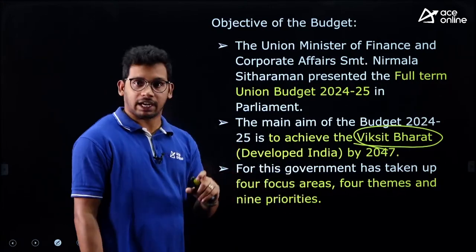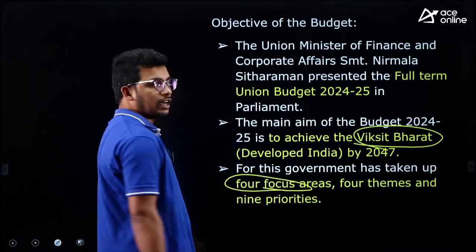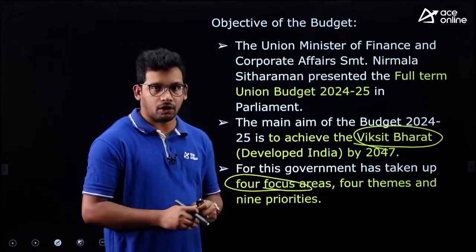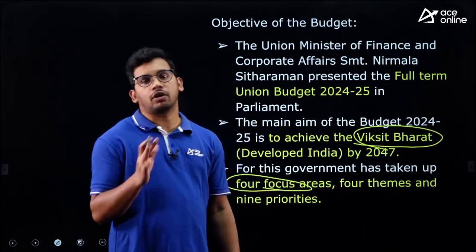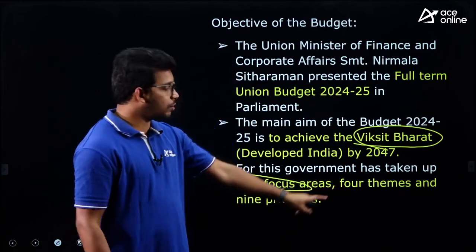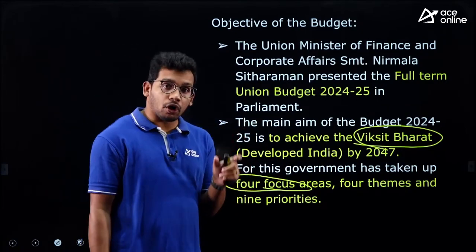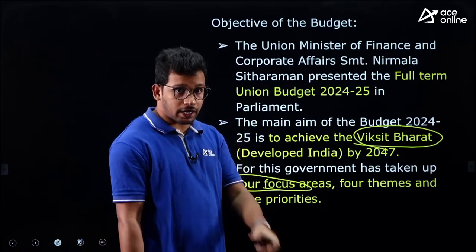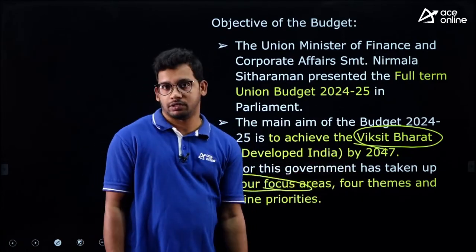To achieve the target this year the government is going to focus on 4 focus areas and 4 themes, and then 9 priority areas to achieve these goals.